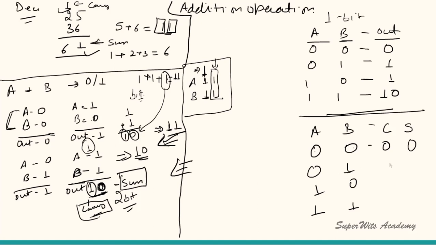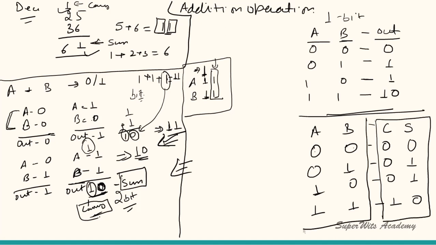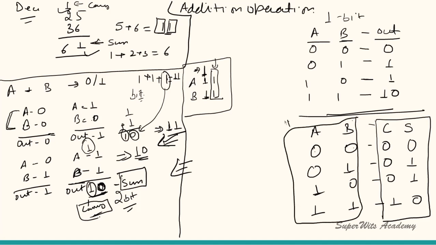If I'm adding 0 and 1, the sum will be 1 and the carry will be 0 again. If I'm adding 1 and 0, the sum will be 1 and the carry will be 0. Whereas if I'm adding 1 and 1, the sum will be 0 but the carry will be 1. So we are maintaining two different sets here for performing the addition operation on these two inputs, A and B. This set is input, this set is output.